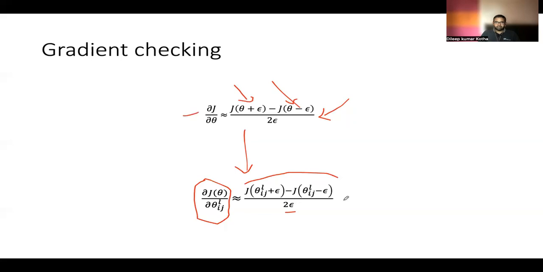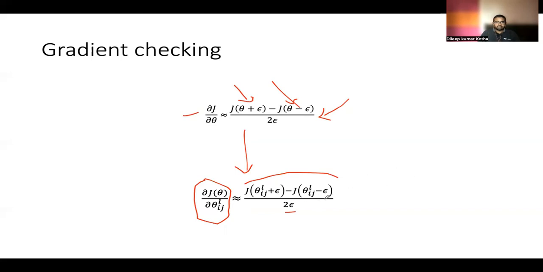This can be any small value between 0 and 1. Once we calculate that, we can compare it with the derivative, and if those values are nearly equal, it means our backpropagation implementation is fine.